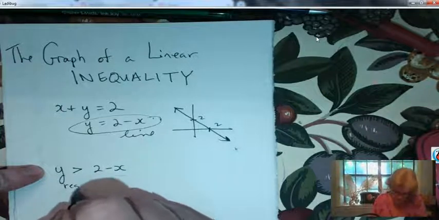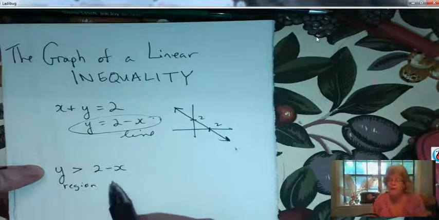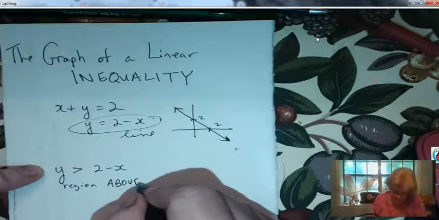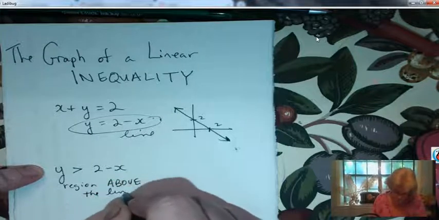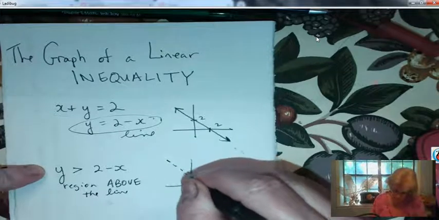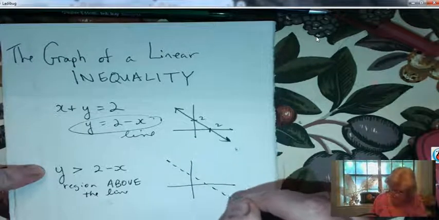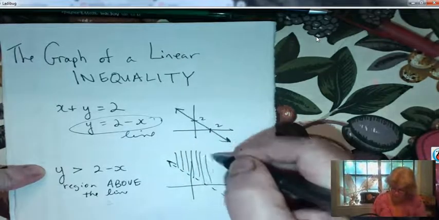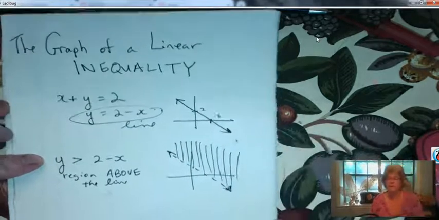And this region will be everything above the line, strictly above. So I do not include the line, so I'm going to have to draw it dashed. But I get a region and it's infinite and it's above the line.